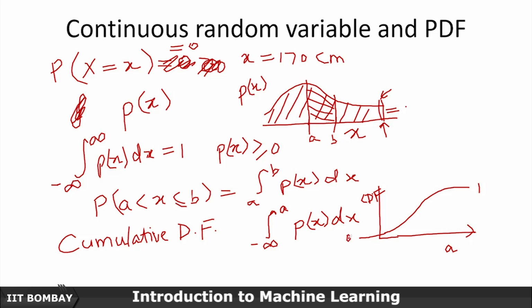So it is nothing but the left integral of the probability density function. Now the same CDF, if you remember, for a discrete random variable was something like a stepwise approximation of this continuous curve. So that is one way to think about the relation between discrete and continuous probability distributions.